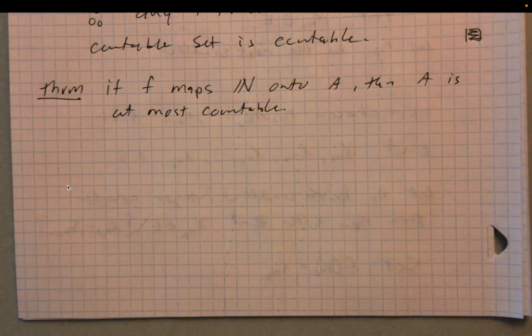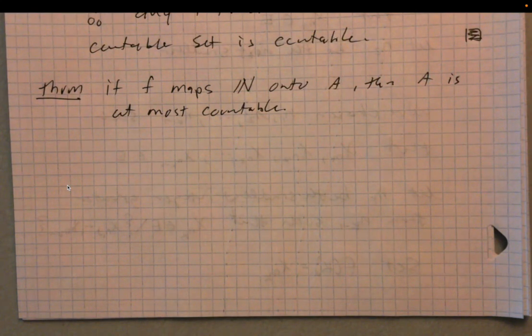So if I can come up with a function that maps the natural numbers onto my set A, then my set A could be finite. It is possible to do that. We just saw an example earlier of that. But it could also be infinite, and if it's infinite, it's at most countable, right? Namely, if I can come up with a function that maps N onto A, then A cannot be uncountable. It has to be countable at that point.